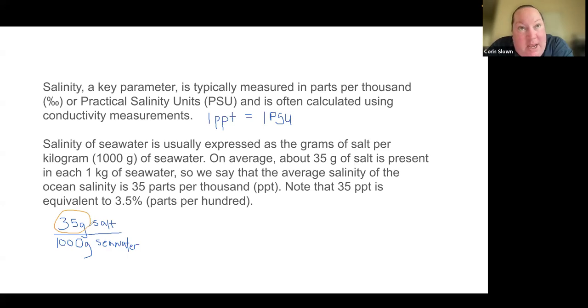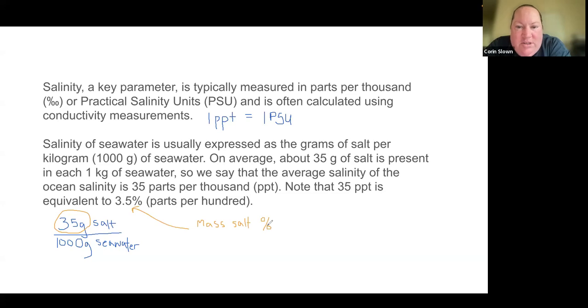Sometimes folks like to talk about this in terms of percentage, and this here is a weight percent, or mass by mass, so mass of salt. So that's another way that we can also refer to our salinity, although it's less common.